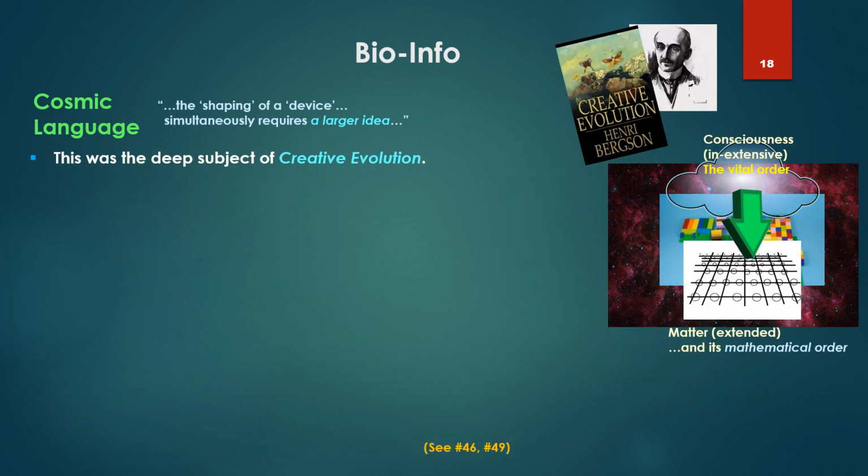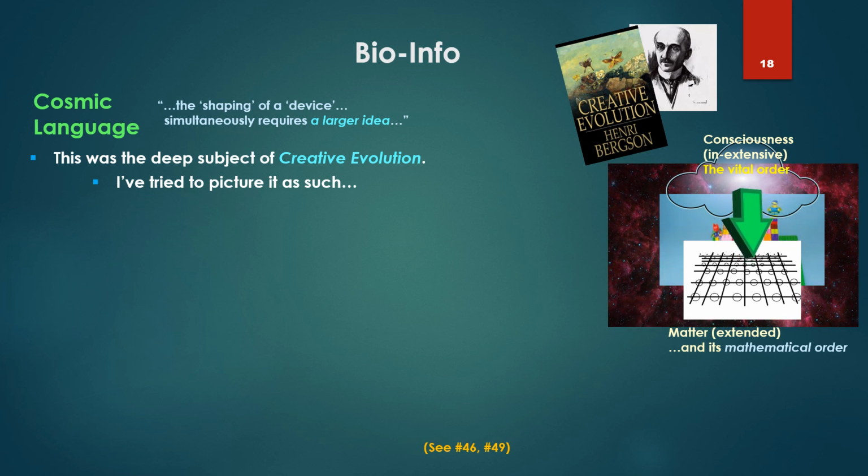This was the deep subject of Creative Evolution. I've tried to picture it such as on the right over there, where you have the inextensive consciousness, the vital order, expressing as ultimately, in a diminished form, the world of matter, extended in its mathematical order, capable of being described roughly in limit by mathematics.